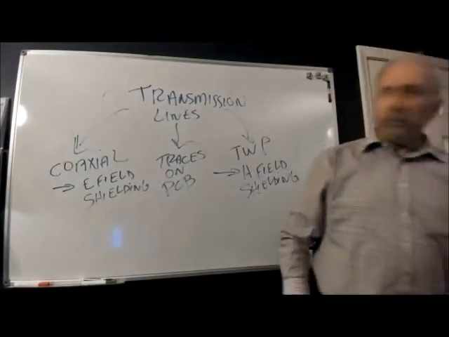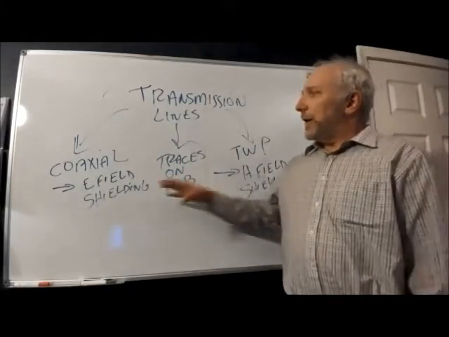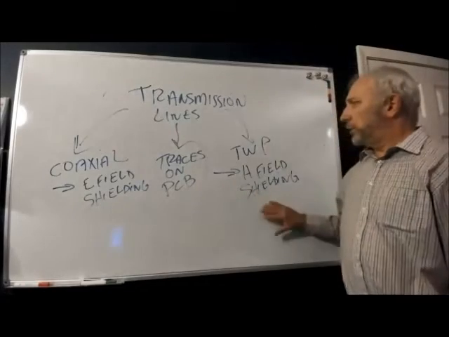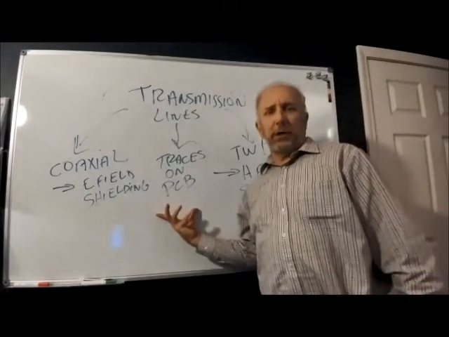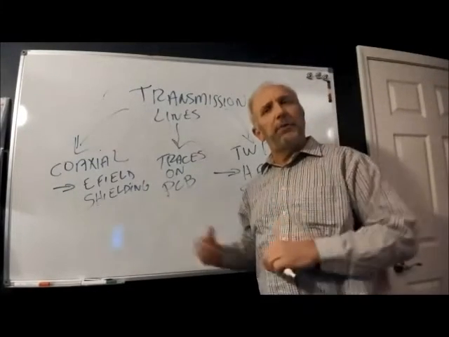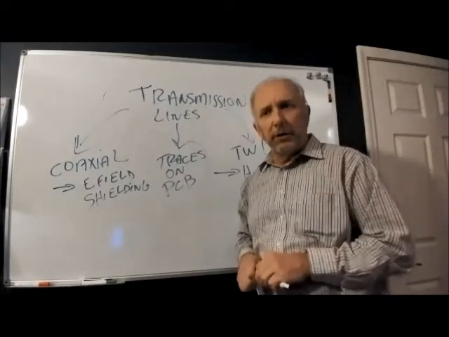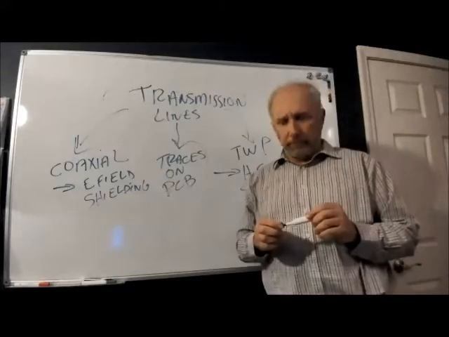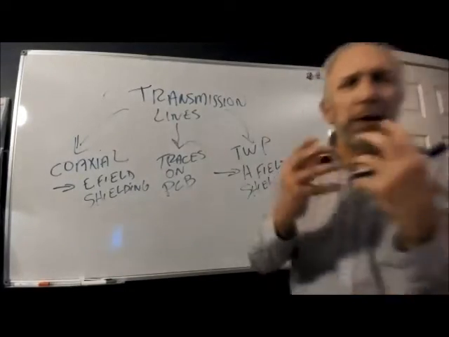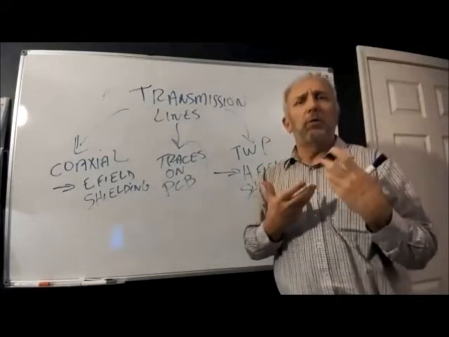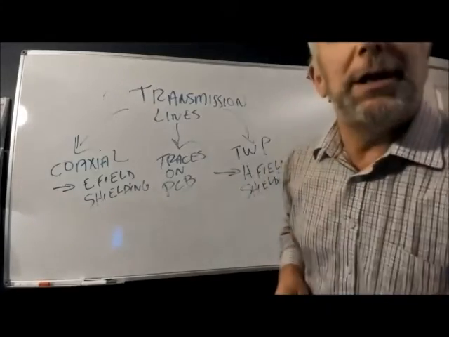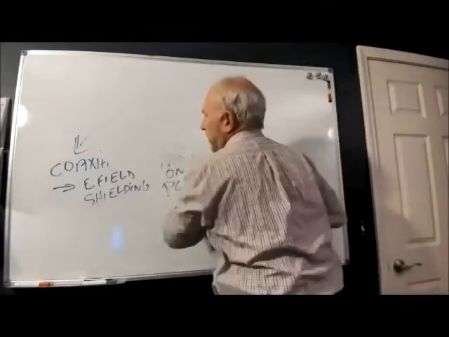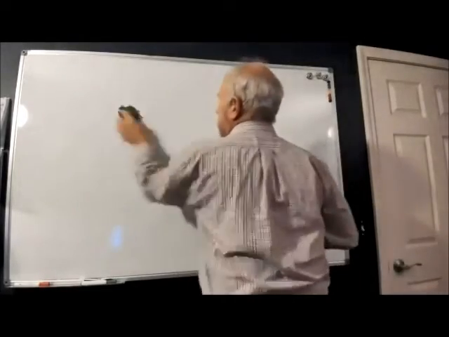All right, so transmission lines. We have the intentional ones, coaxial cable and twisted wire pair, and then we have traces on a printed circuit board, which sometimes turn out to be unintentional transmission lines. When we talk about transmission lines, what do we mean?